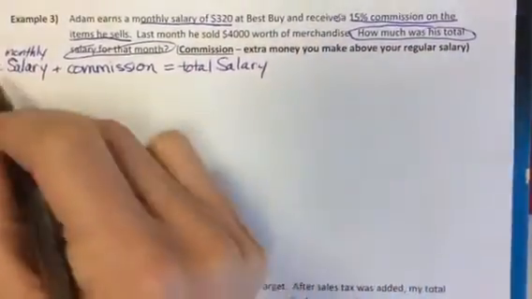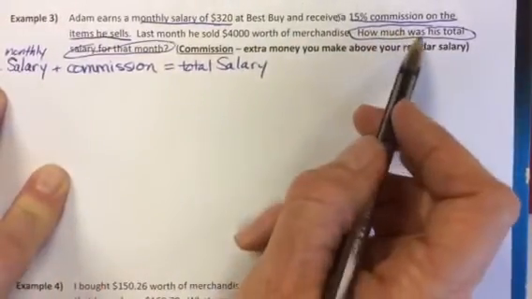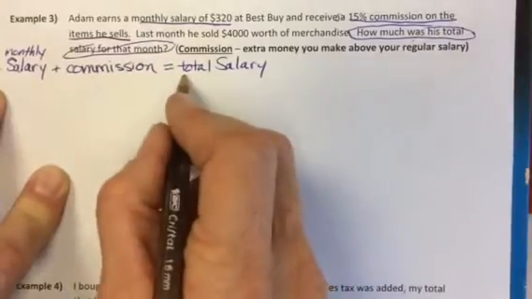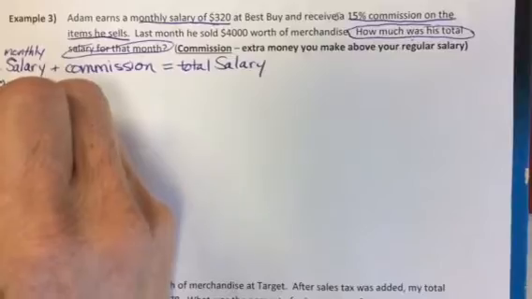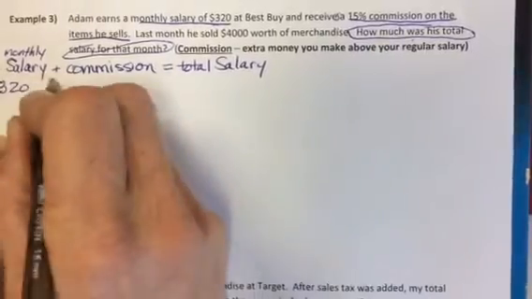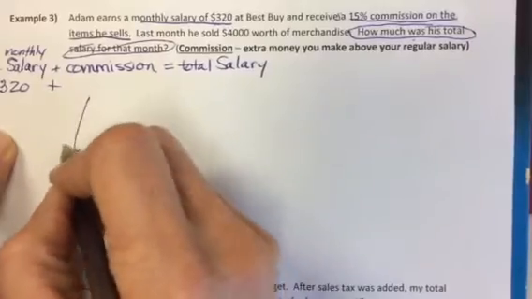I would always figure out what you're going to have to do in the very last step to get his total salary. We know his base salary is $320, so we have to add on commission. So what we're calculating is this commission right here.